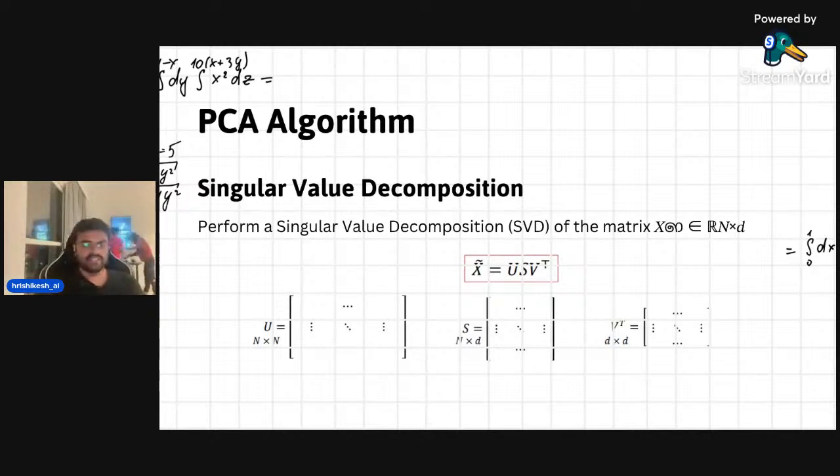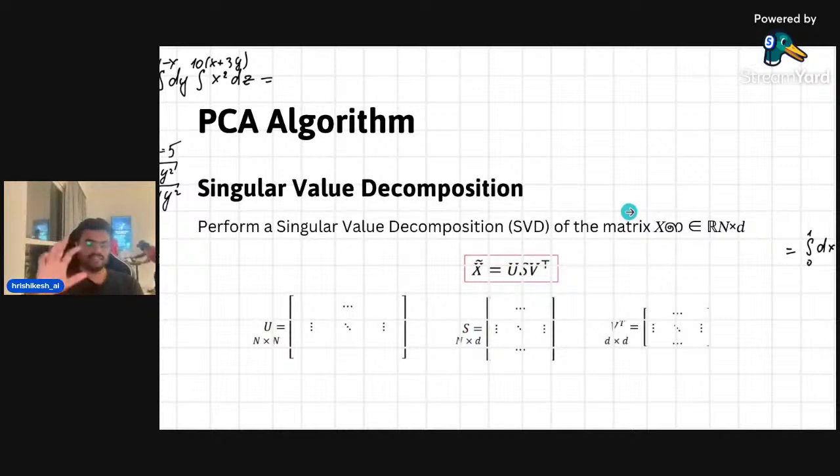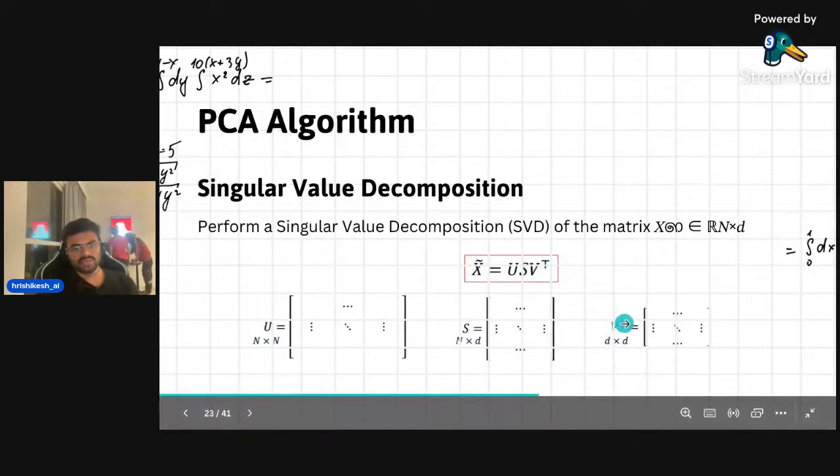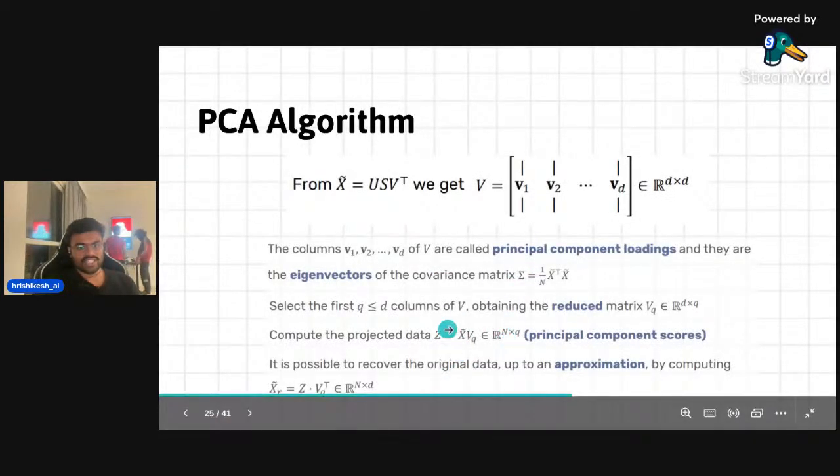First step: you have two-dimensional data, you calculate eigenvalues and eigenvectors, and then you put it into SVD, and all the data collected is VT here. U and S are different parameters which you get, and after implementing that, you get X bar. After that, you put that X bar with V.